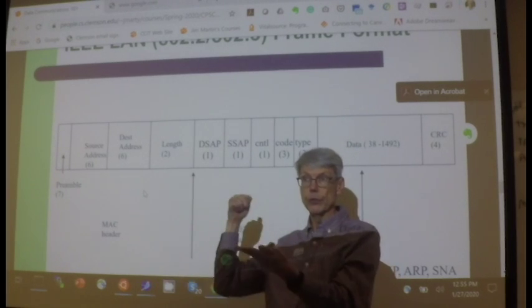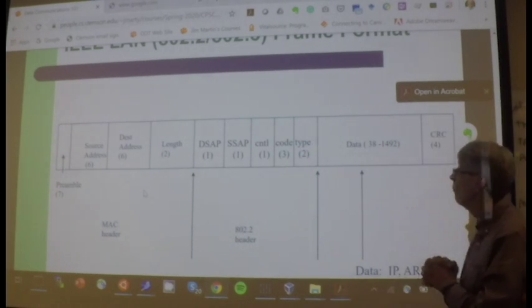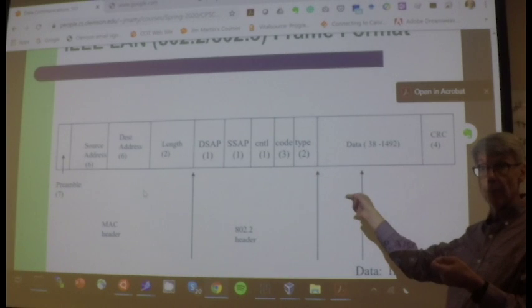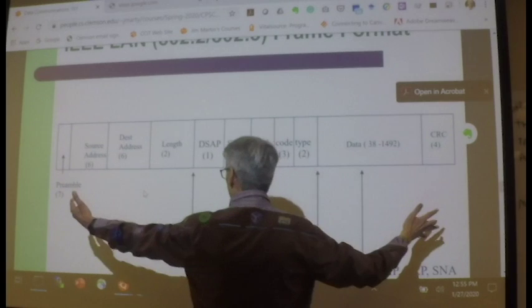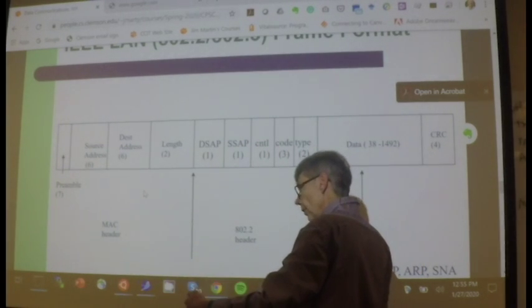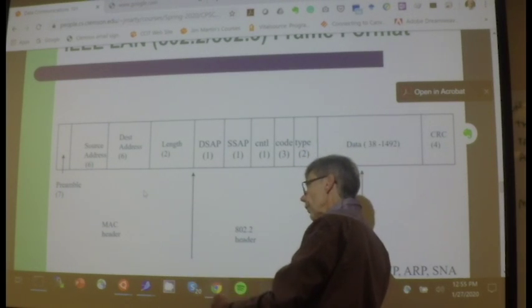Wi-Fi uses this same frame format. The cable networks use the same frame format. So this is a frame. It's produced by the link layer and supplemented by the physical layer.